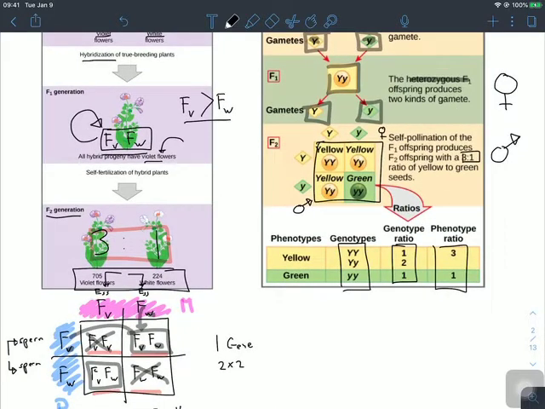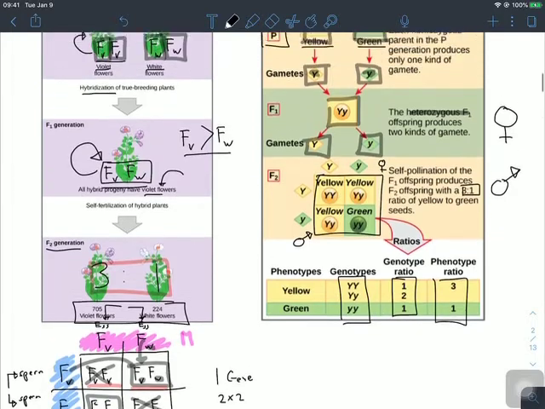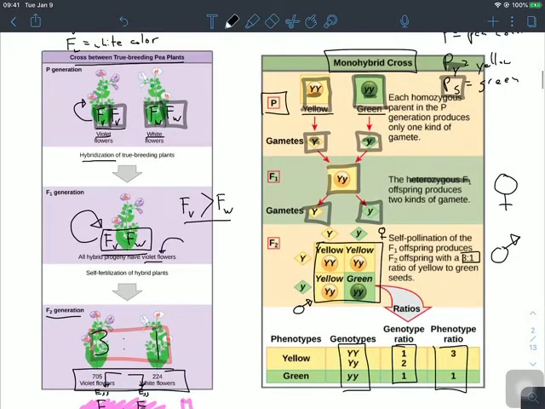All right, so hopefully that clarifies how to do a cross of one gene with two alleles in the F1 and the F2. Note, in both of these, I was asking you to do a monohybrid cross.